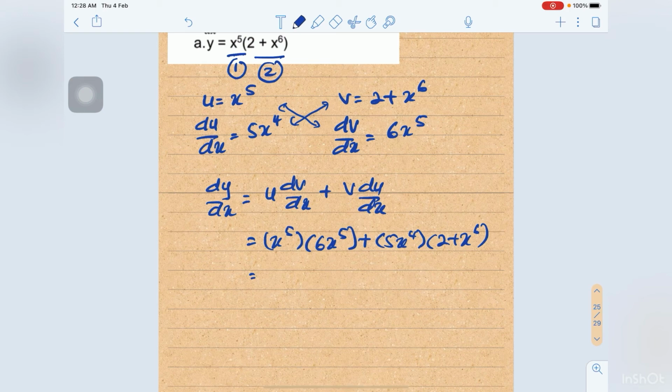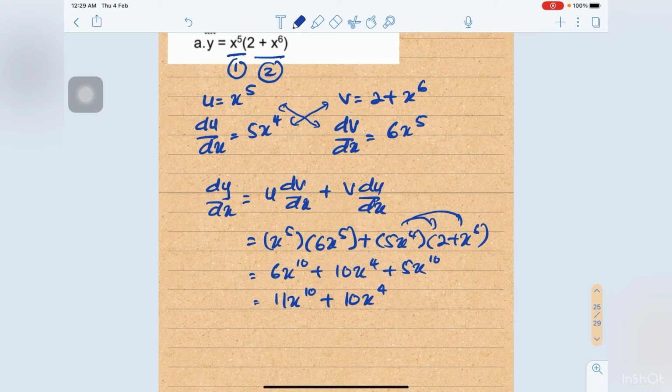The rest you just simplify. We get 6x^10 plus this one we can expand, plus 10x^4 plus 5x^10. So we simplify the like terms. So we have 11x^10 plus 10x^4.